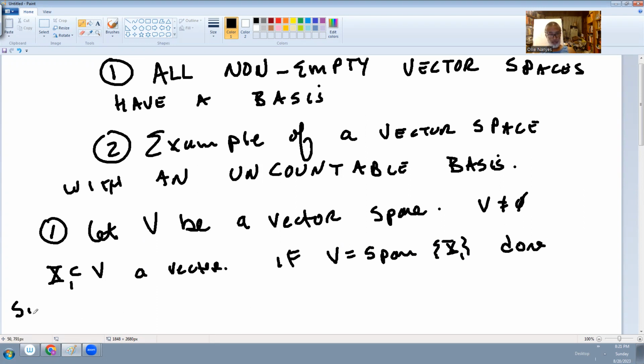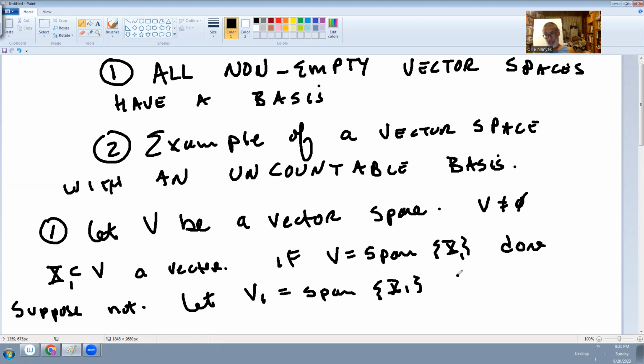Then let V sub 1 equal the span of X sub 1. But because V sub 1 is not equal to V, we're going to let X2 not be in V1.